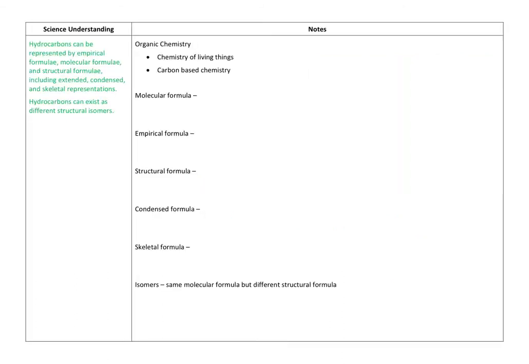So what is organic chemistry? Well, organic chemistry is really the chemistry of living things. Anything that's alive or living tends to be organic and based around organic chemistry. In terms of the atoms, it's really carbon-based chemistry. All organic molecules are based around carbon atoms, and generally carbon with hydrogen, oxygen, and nitrogen.